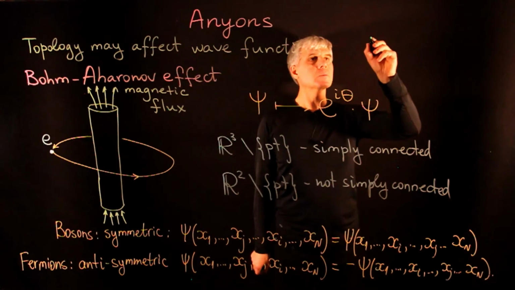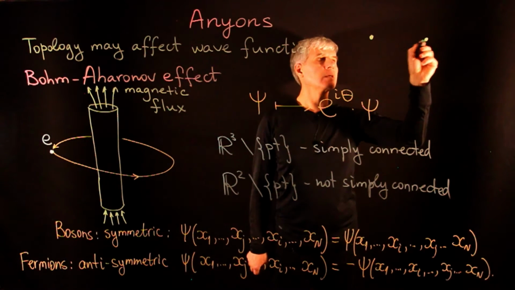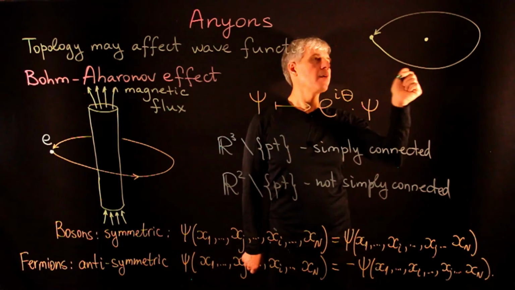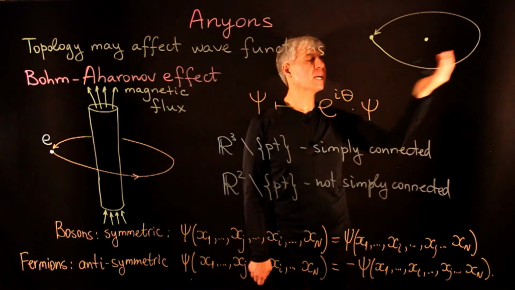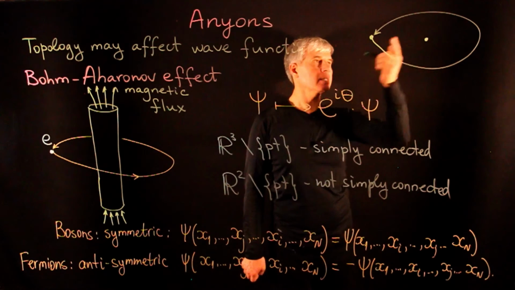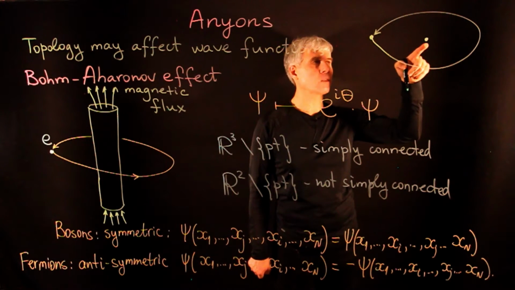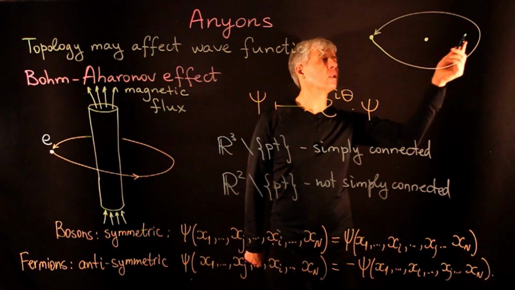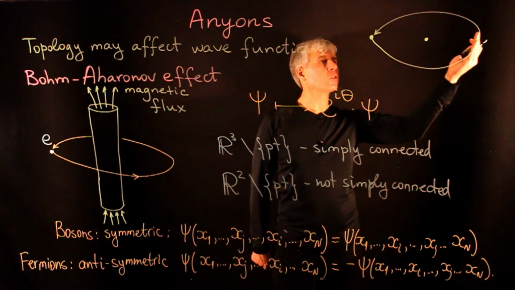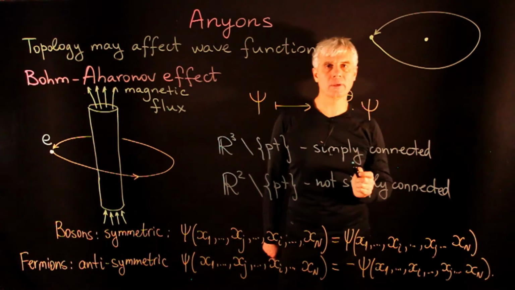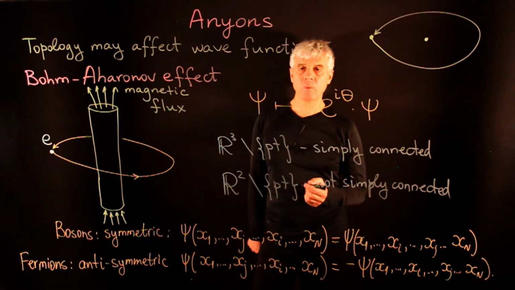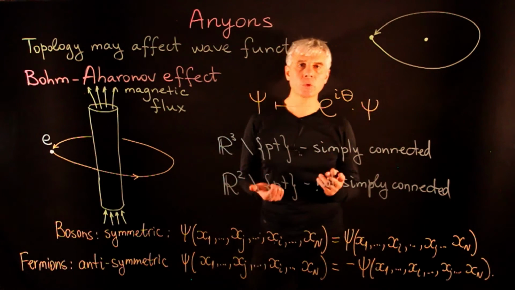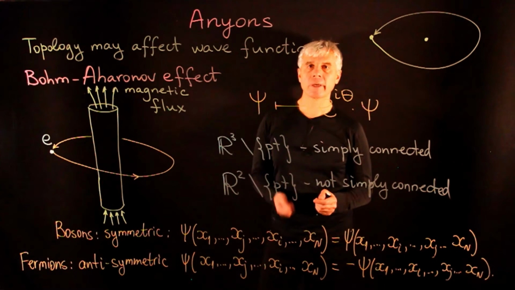In R2, if we have two particles and one particle loops around the other, then this loop cannot be contracted inside R2 without crossing the second point. But in R3, such a loop will be contractible because we can take it over the second point. This explains why in our three-dimensional space we have just two types of particles, bosons and fermions.